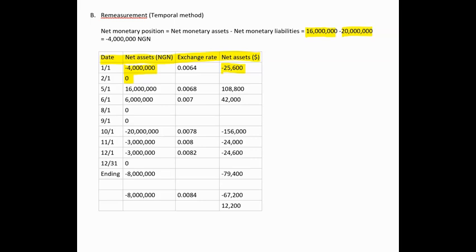The first journal entry is to debit accounts receivable and credit sales, which increases our accounts receivable by 16 million. The second entry is to debit cost of goods sold and credit inventory. Remember that inventory is not considered part of the net monetary position, so we ignore that entry. So the net impact on the net monetary position is 16 million in accounts receivable, times the exchange rate on that date.